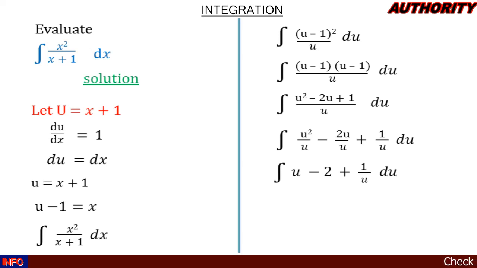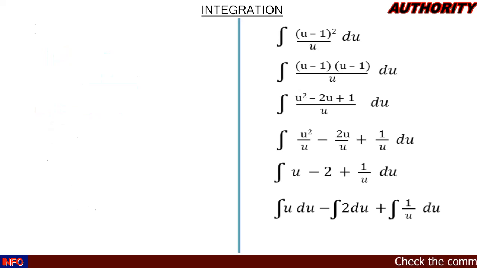Let's take the integral of the individual terms. That means we're going to have the integral of u du, minus the integral of 2 du, plus the integral of 1 all over u du. Let's integrate properly. Integrating u, we're going to have u squared all over 2.